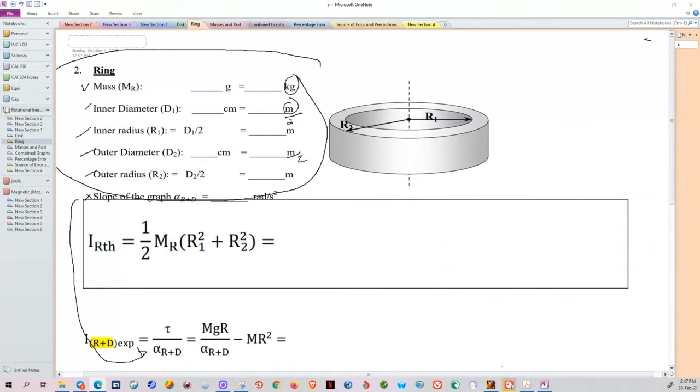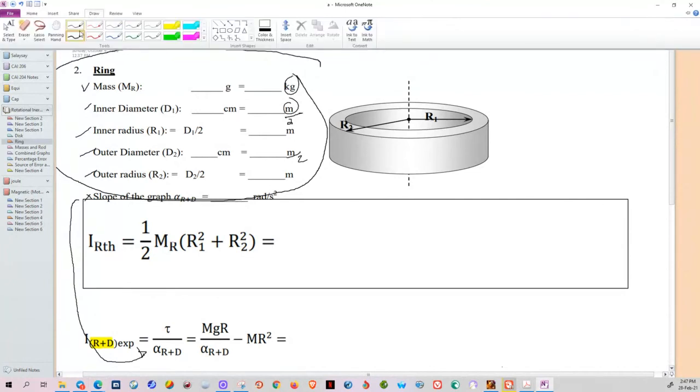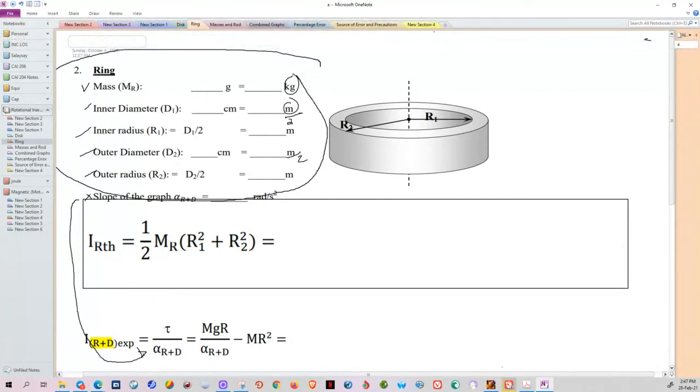5.126 by 10 to minus 4. And what's the other one? 1.63 by 10 to minus 3. Let's calculate. So first, 1/2 is the same as 0.5, multiply by the mass. What's the mass of the disk?